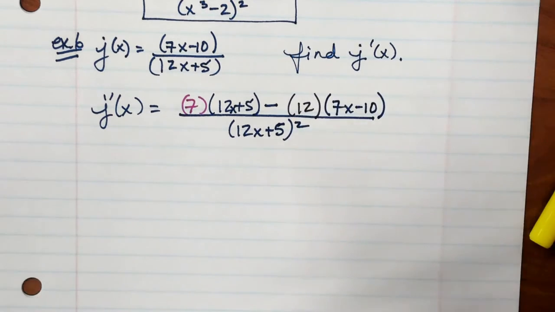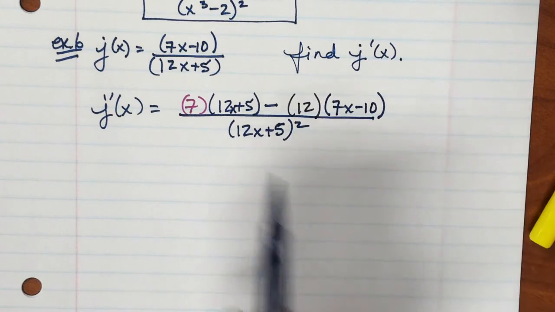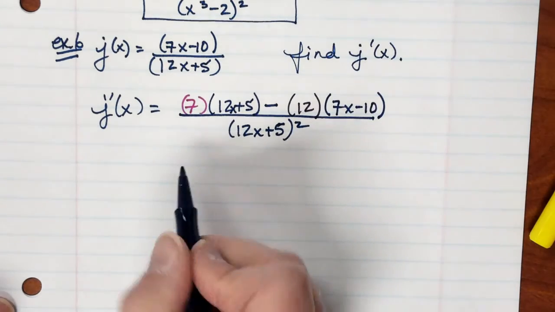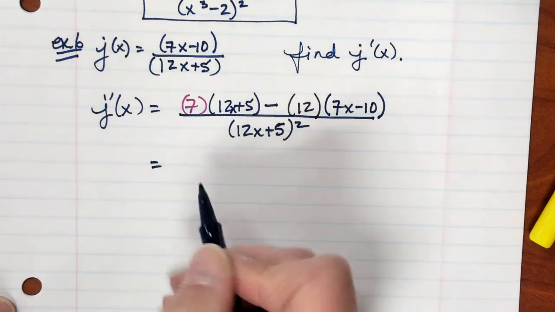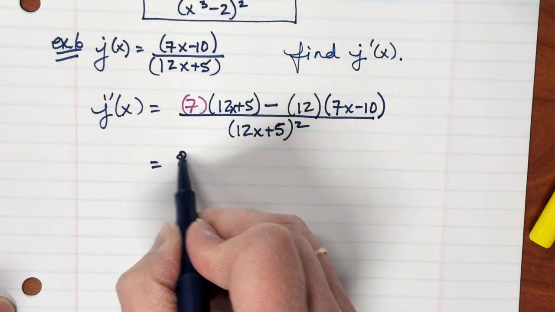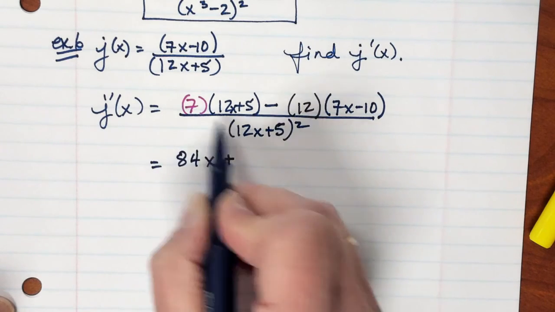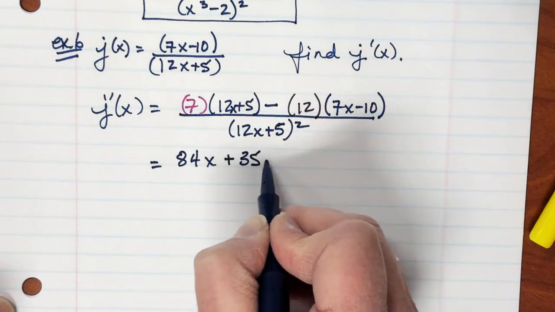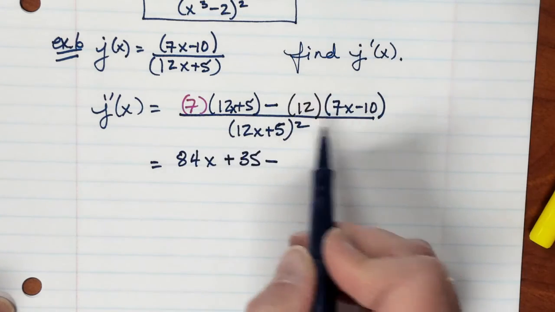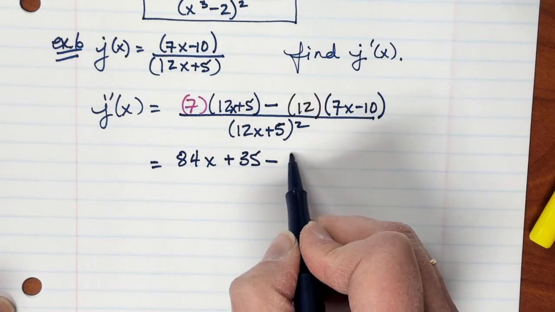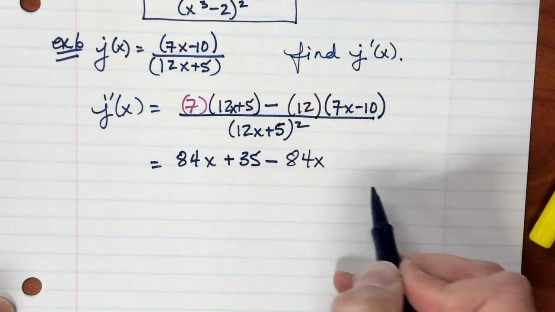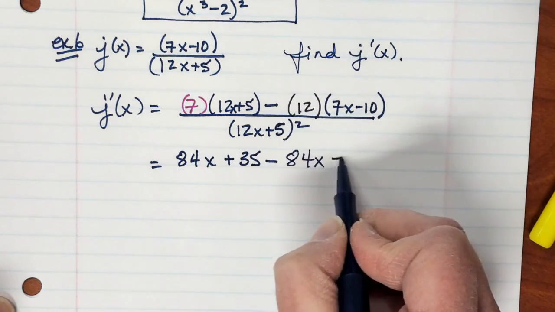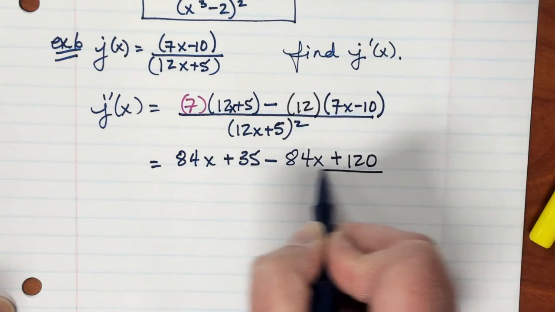Now you've done the derivative, and now you are cleaning up the algebra. So you have 7 times 12x, so you're going to have 84x plus 35 minus, I'm going to combine it this time, that would be a negative 84x, and that would be a positive 120.